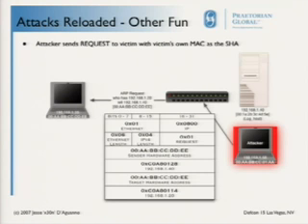All we have to do is send a request packet again with the sender hardware address equaling the host that we're poisoning, and the target hardware address equaling the host that we're poisoning, and then the target protocol address would be the host we're poisoning, and the sender protocol address would be the host that we're masquerading as.